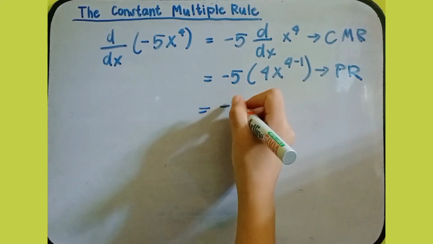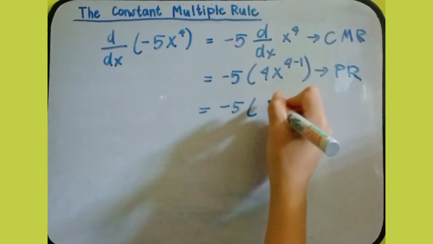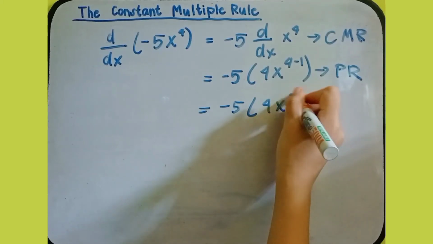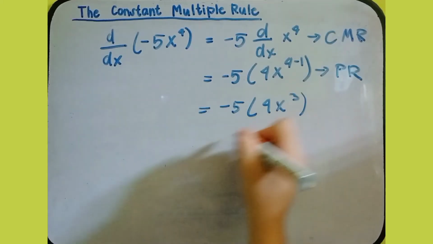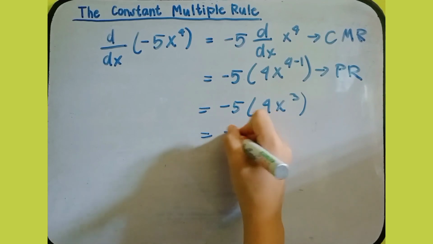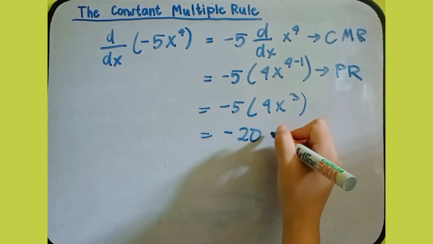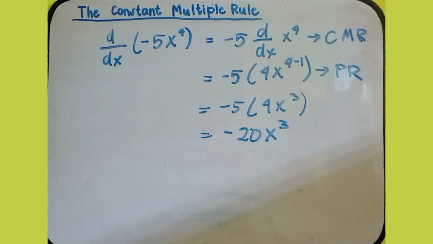We now have negative 5 times 4x cubed, which is now equal to negative 20x cubed.